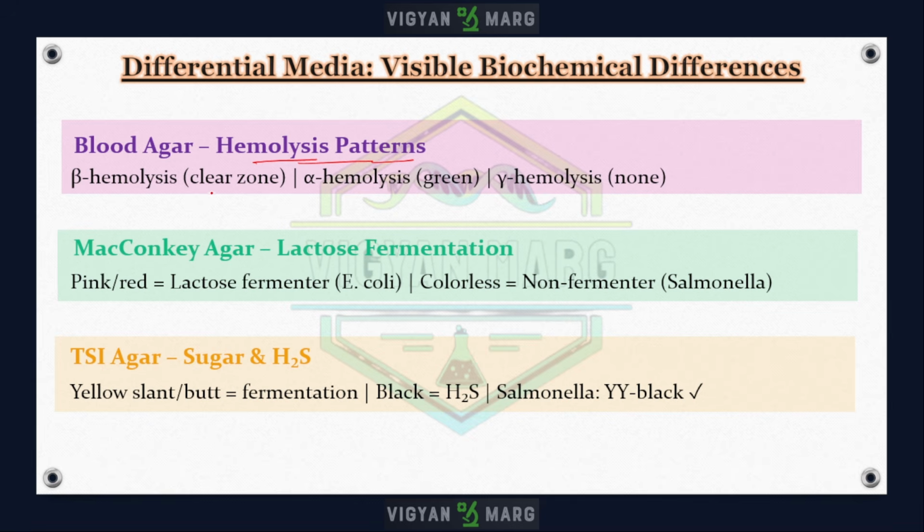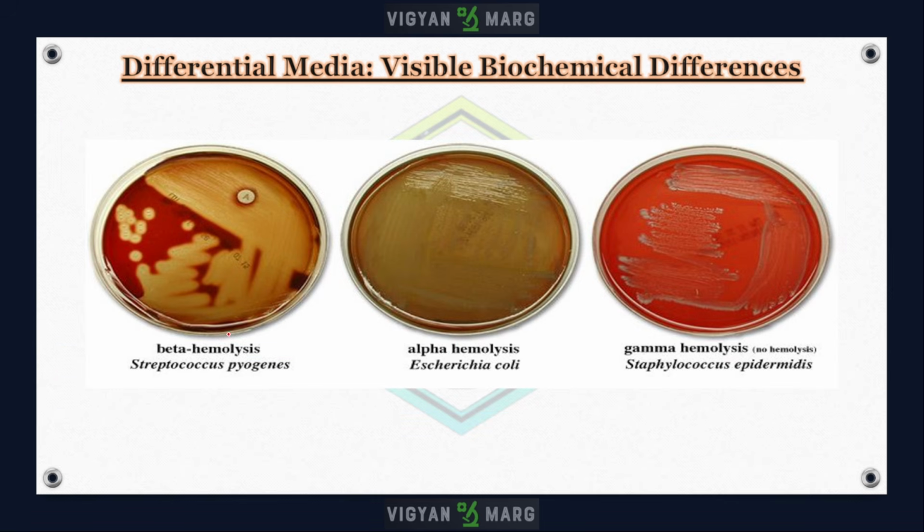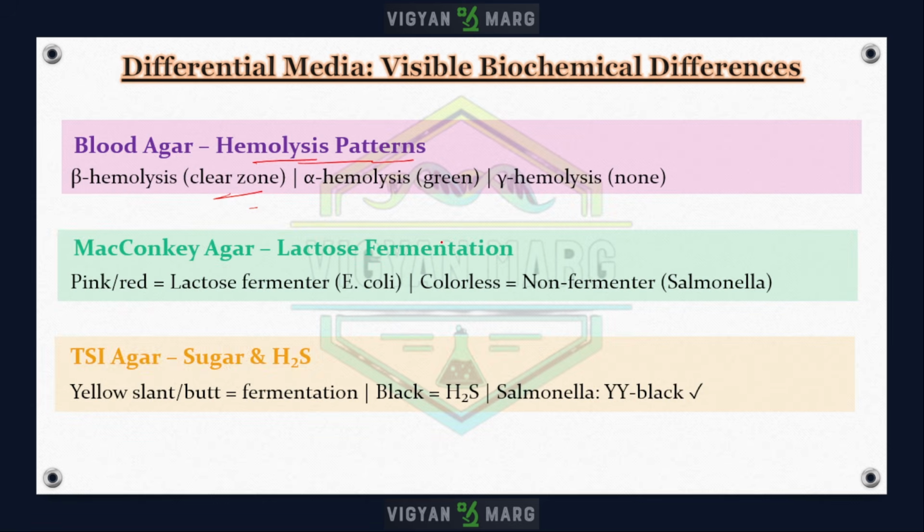In beta hemolysis, you can see a clear zone around the colonies due to complete lysis of the red blood cells, seen with organisms like Streptococcus pyogenes. You can see in the pictures beta hemolysis, a clear zone of clearance. And there is alpha hemolysis, a greenish halo from partial lysis and oxidation of hemoglobin, seen with Streptococcus pneumoniae.